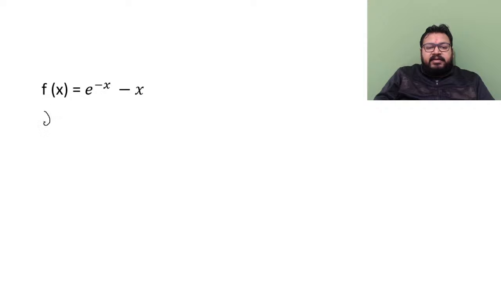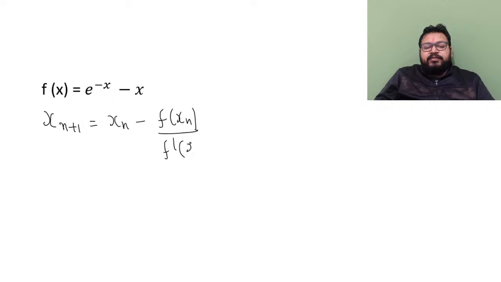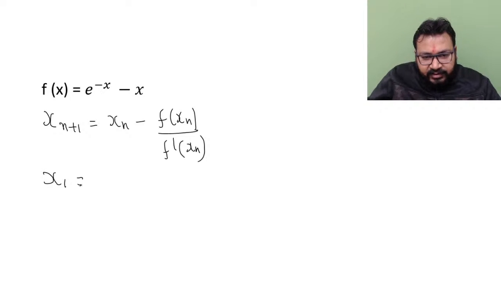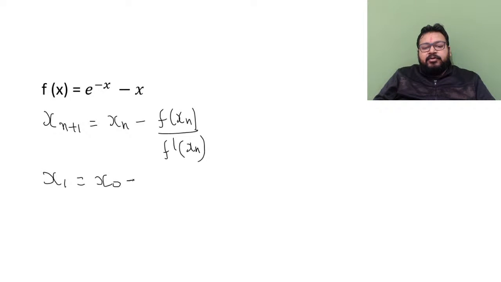Newton-Raphson method says x(n+1) is equal to xn minus f of xn divided by f dash of xn. So what is the first root? x1 will be x0 minus f of x0 divided by f dash of x0.